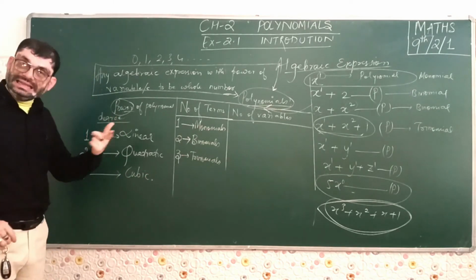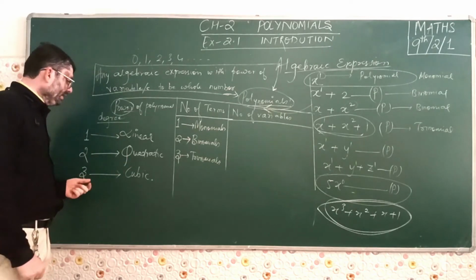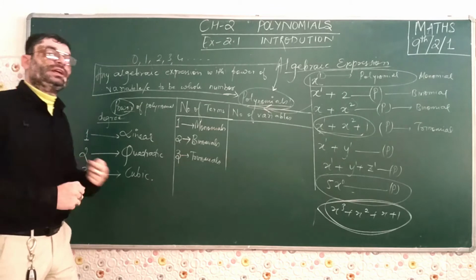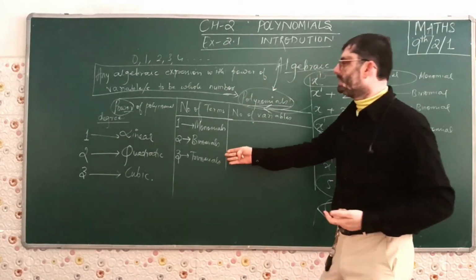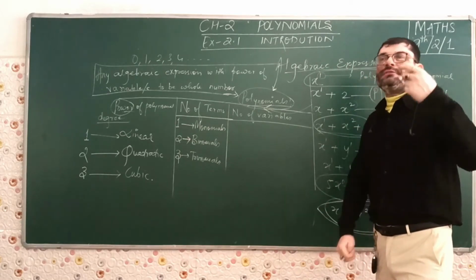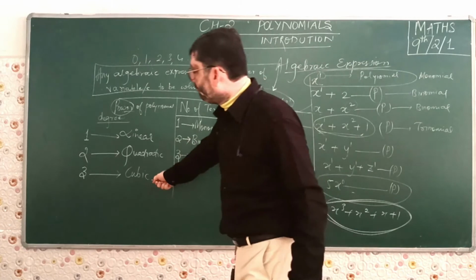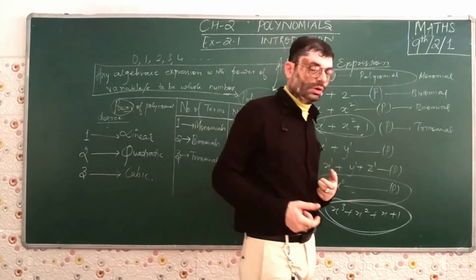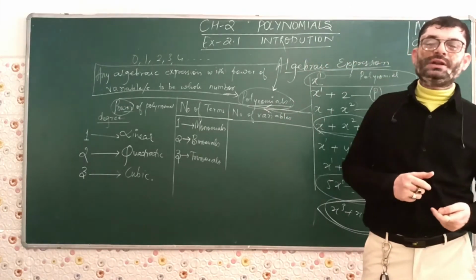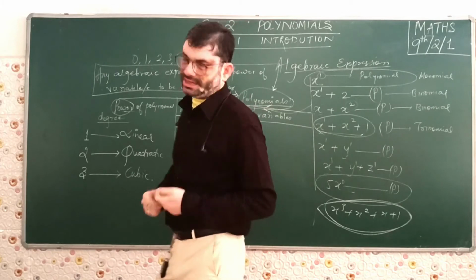Degree 1 linear, degree 2 quadratic, degree 3 cubic, and if it is of degree 4, then we don't have a special name, similarly as we have categorized in terms of number of terms. If it is more than 3, we consider it as a polynomial. Here also, if the degree is more than 3, we say it is a polynomial of degree 4, a polynomial of degree 5, a polynomial of degree 6.